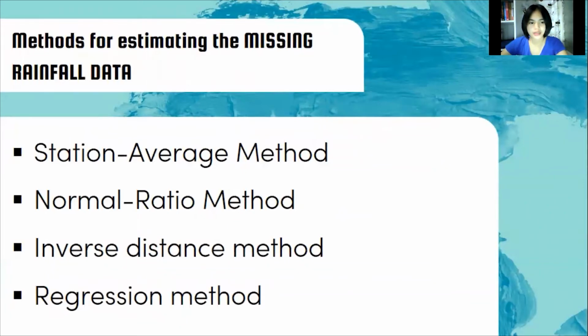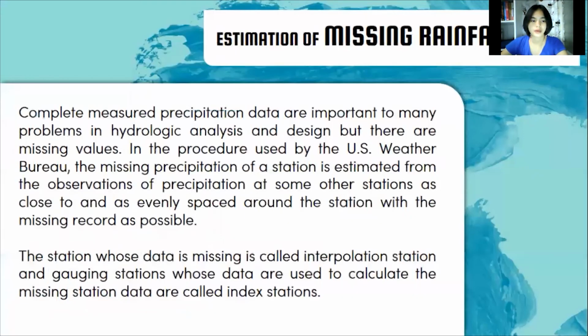Station average method, the normal ratio method, inverse distance method, and regression method. These four are the methods for estimating the missing rainfall data. In the procedure used by the U.S. Weather Bureau, the missing precipitation at a station is estimated from the observations of precipitation at some other stations as close to and as evenly spaced around the station with the missing record as possible.